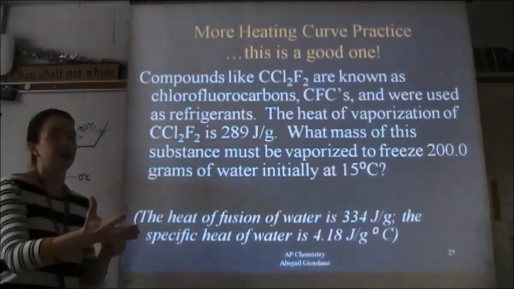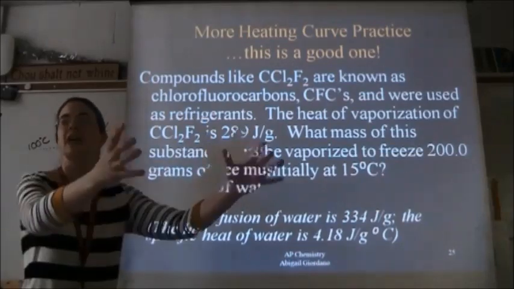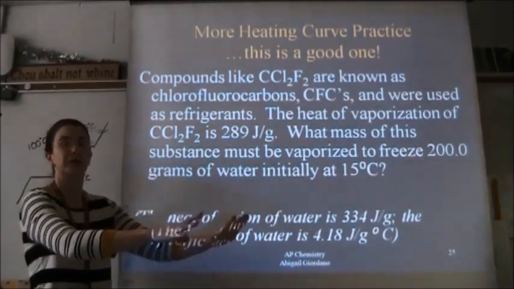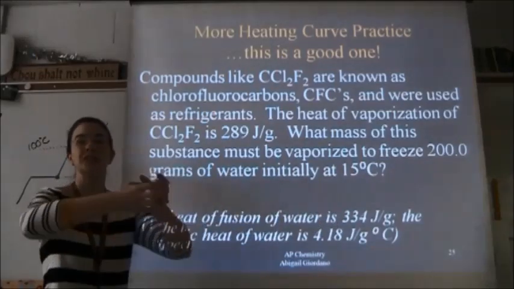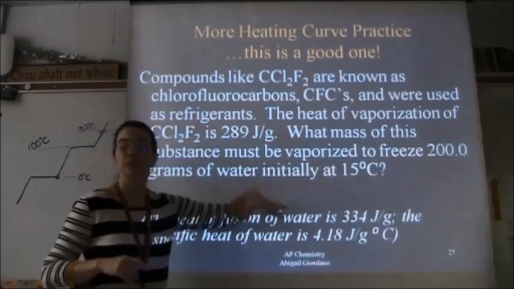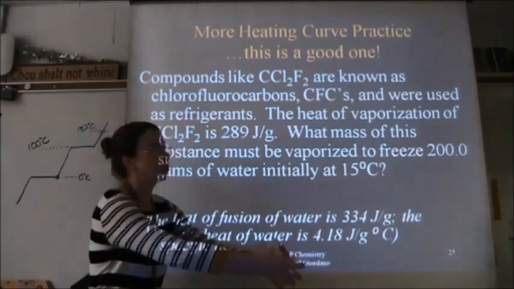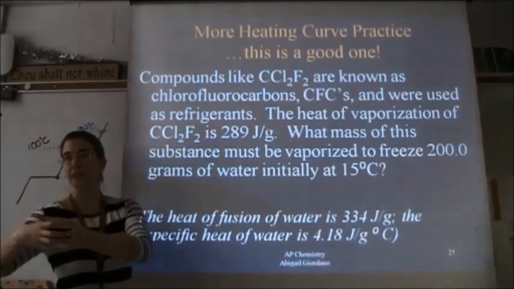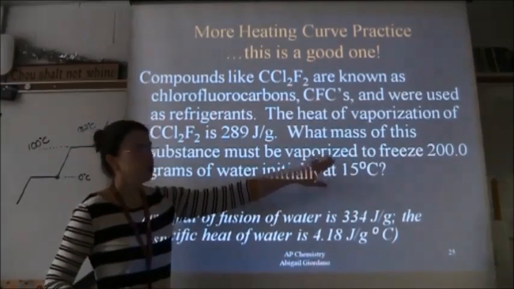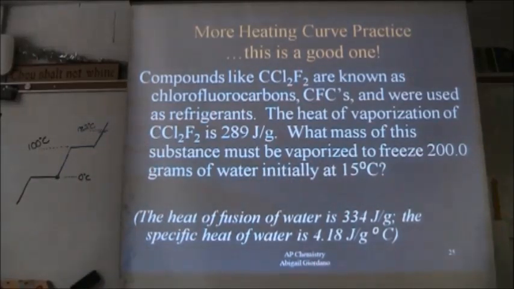Your refrigerator, and I don't know how it does this, it's magic, okay, pulls heat from that fried chicken that you just put in the refrigerator and uses it to fuel this vaporization process. So the heat is pulled from your fried chicken from dinner and is used to vaporize these refrigerant chemicals.